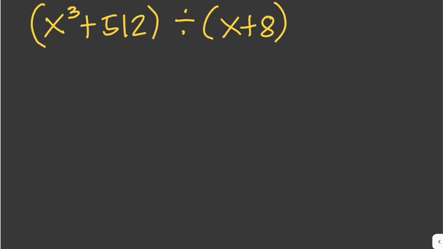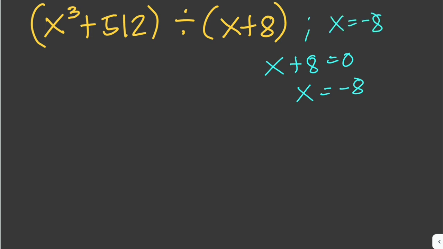Let's solve another problem here. We're given x cubed plus 512 divided by x plus 8. So we get the zero of our linear factor first, equating to 0. Our x is equal to negative 8. Have you noticed here that the degree of our dividend is 3?